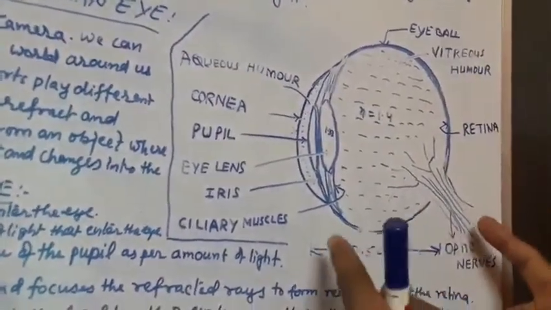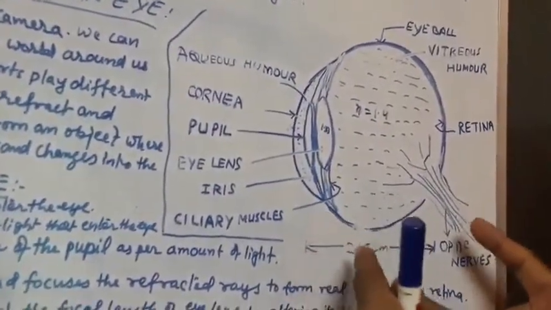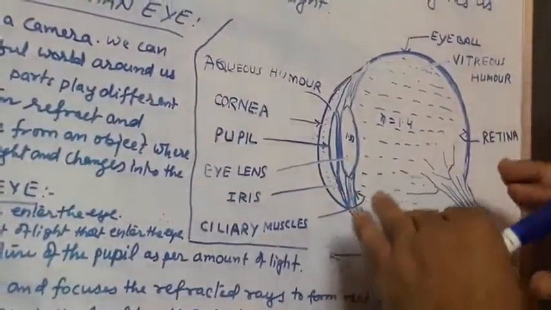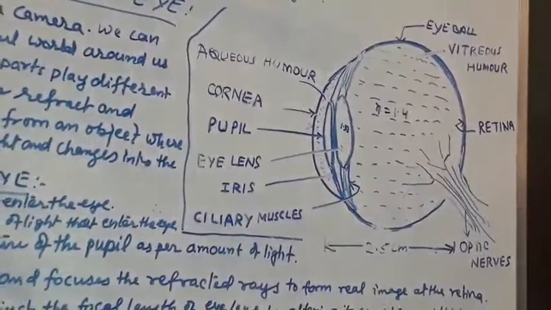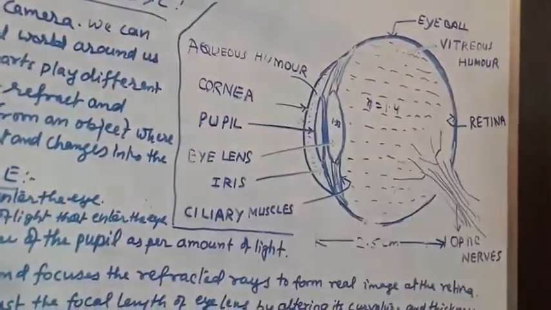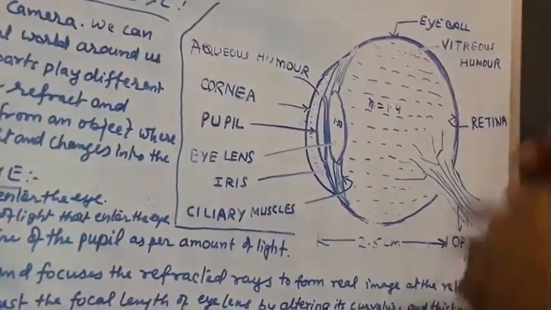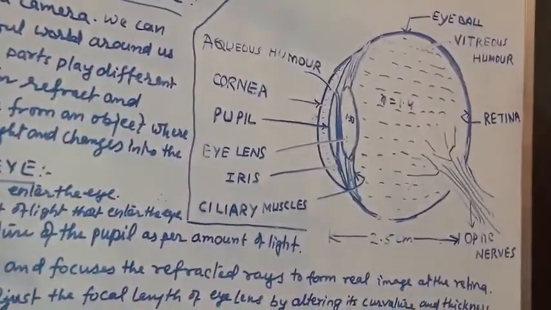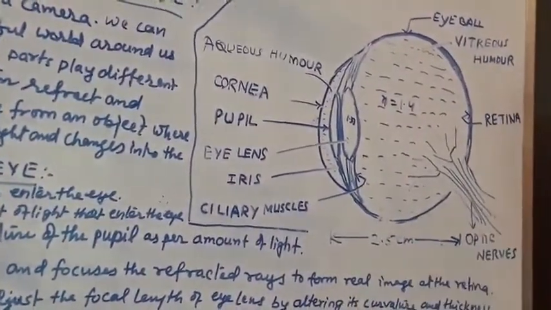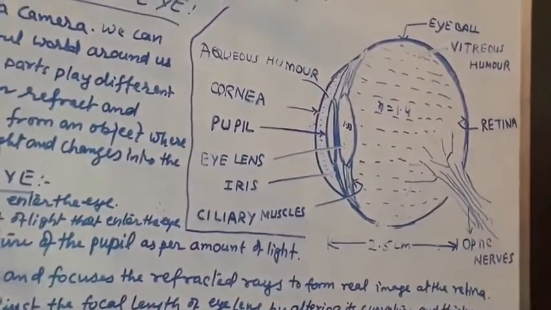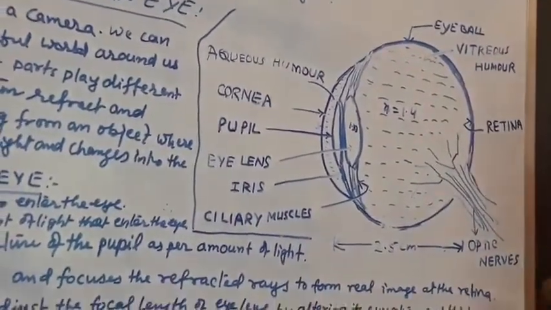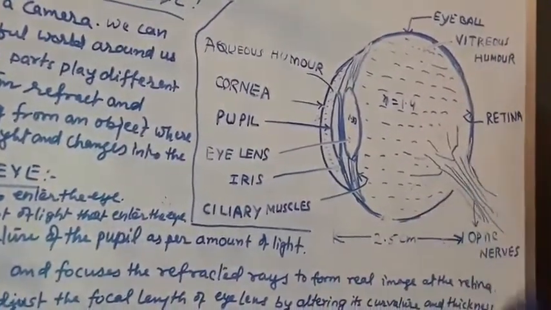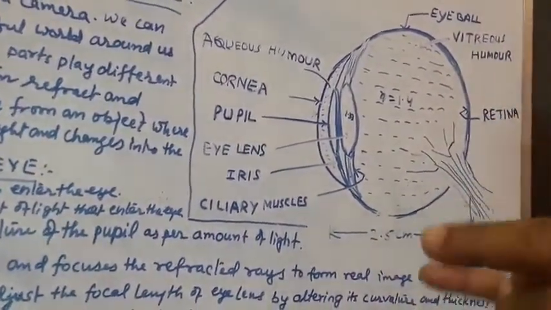The diameter of the eye is approximately 2.5 centimeter and it has various parts. It acts like a camera. We can see the beautiful world. Not only see, but also we can distinguish the different colors. So this is the sensory part which allows us to see the colorful world.